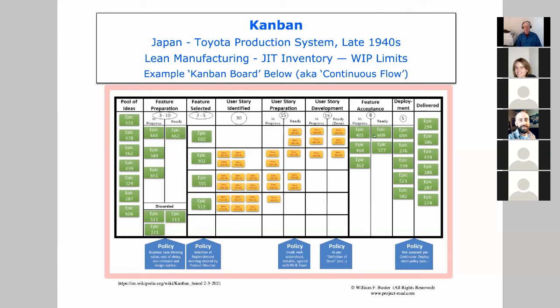Whereas if we realize, okay, we have problems here, if we keep the work in progress limited to just 8 story points here, and then we come to a screeching halt, that's surfacing a problem.